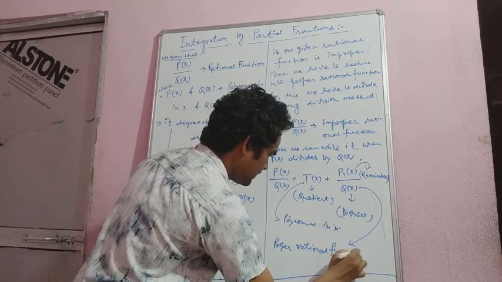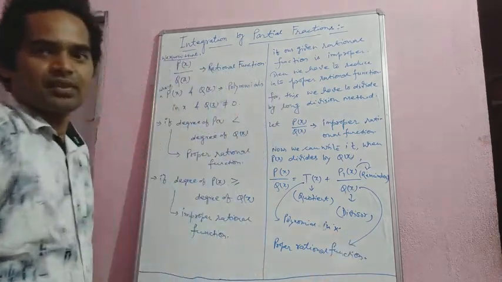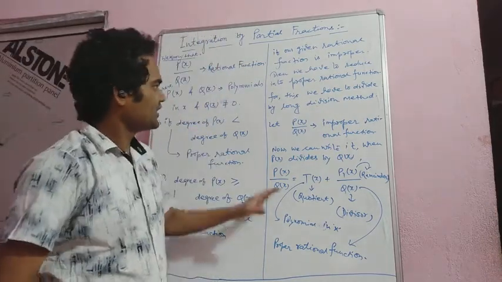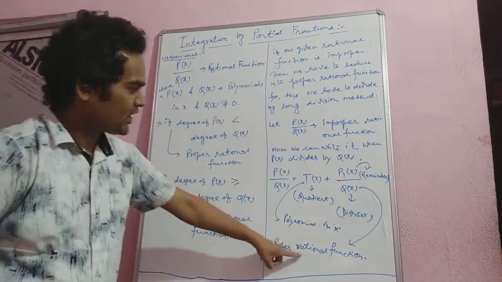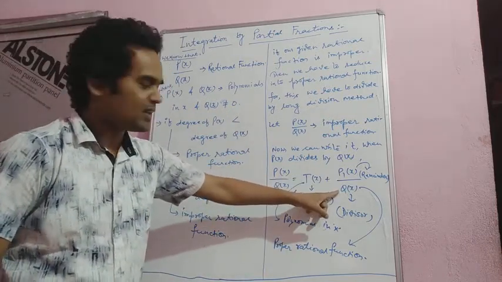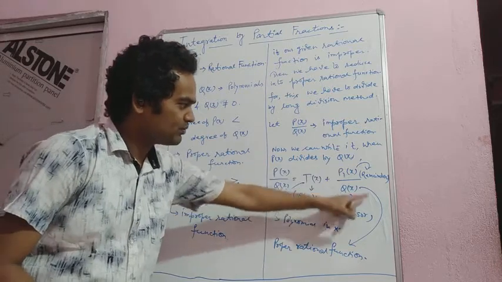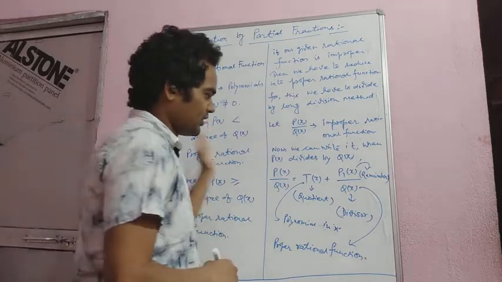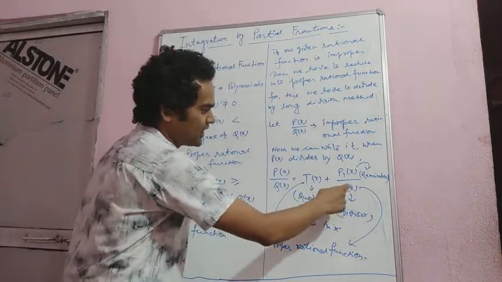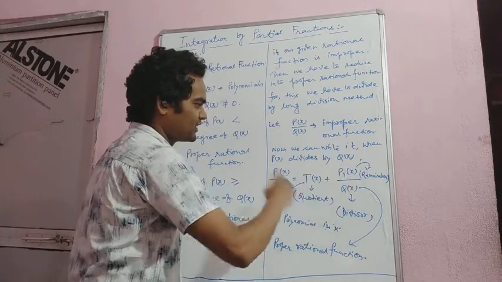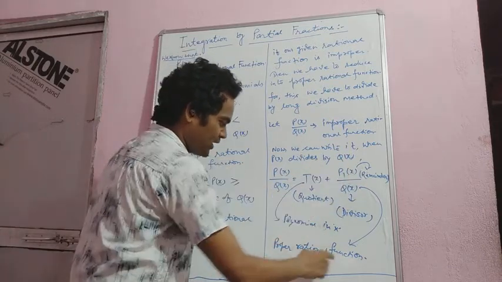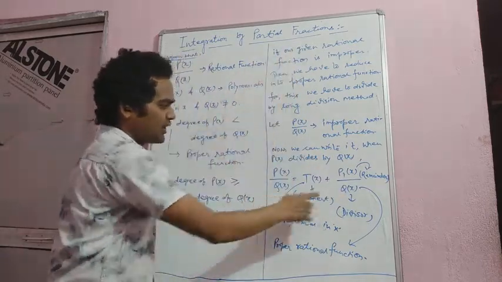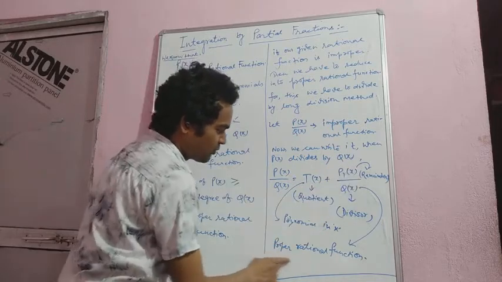This form is known, which we have already discussed in our previous classes. Then we can easily integrate, and this proper rational function can easily be reduced to partial fractions.